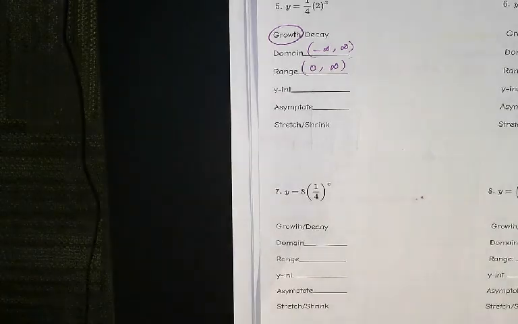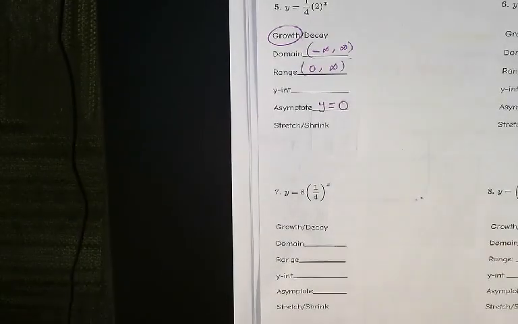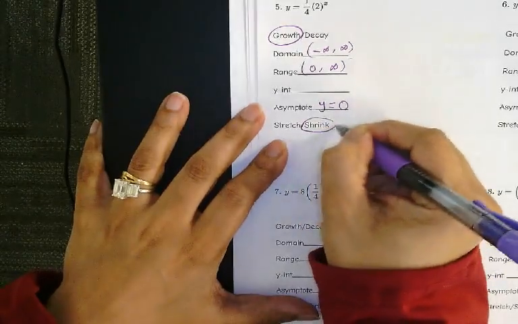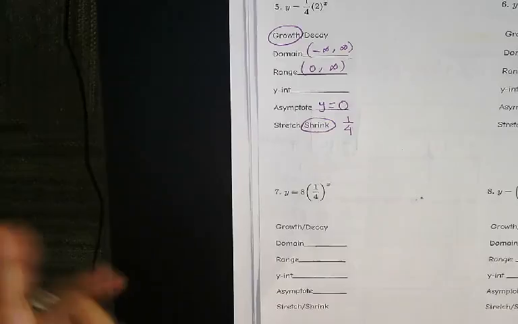Okay. Asymptote. What will be the asymptote? Y equal to 0. Is there any vertical stretch or vertical shrink? All right. What is the shrink? 1/4.